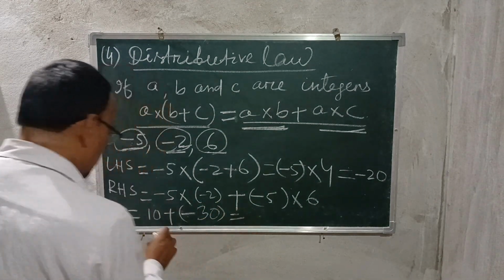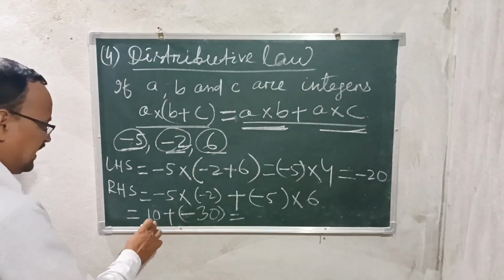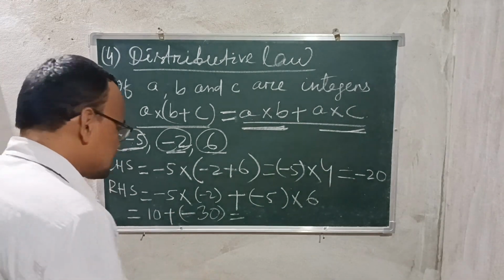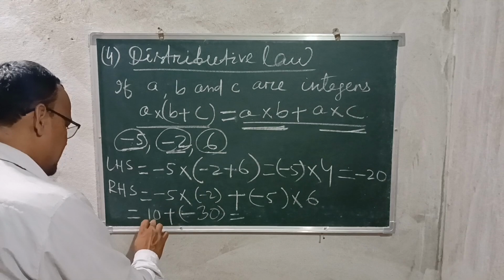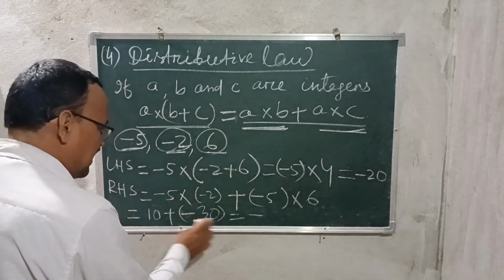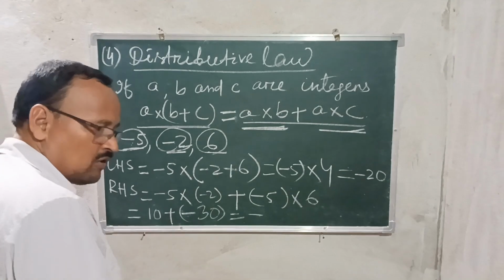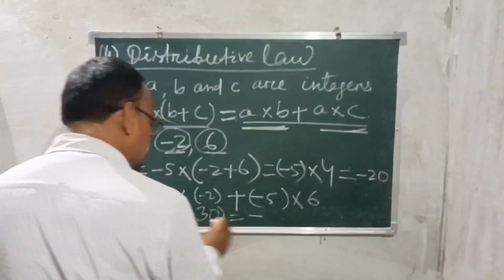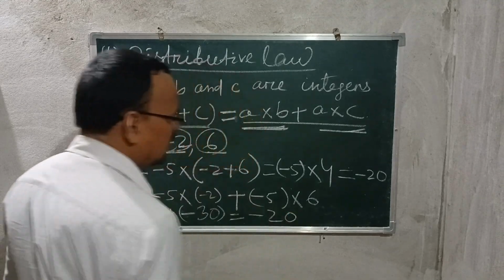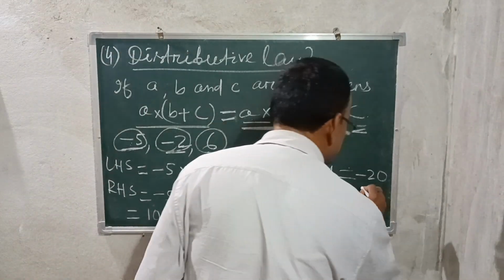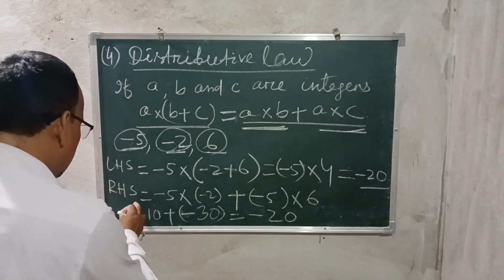That is equal to 10 plus minus 30, and they are unlike signs, so subtraction: 30 minus 10 is equal to 20, and the first sign is the larger number's sign, minus, according to the law of addition of integers, that is minus 20.